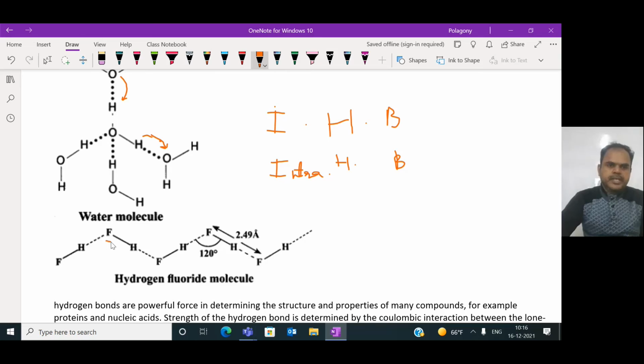For example, HF is the compound, and between this fluorine and the hydrogen, hydrogen bonding is formed. This is intermolecular hydrogen bonding.